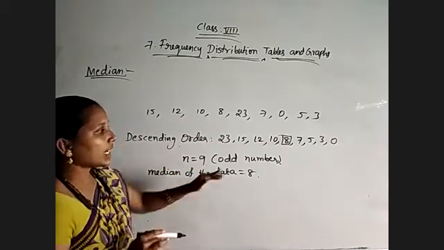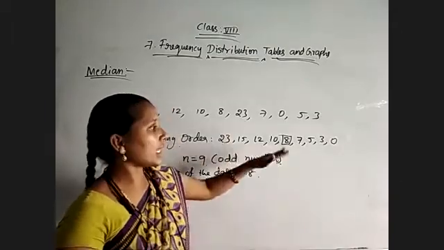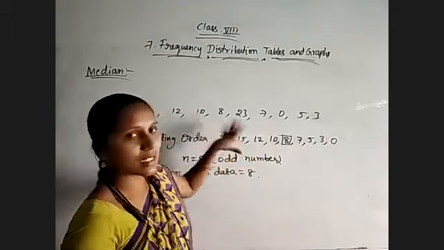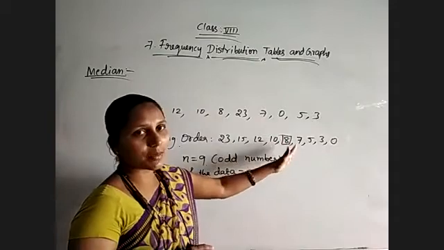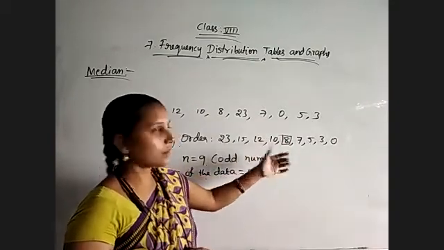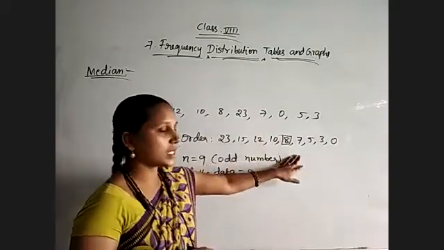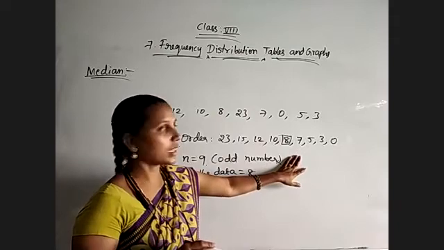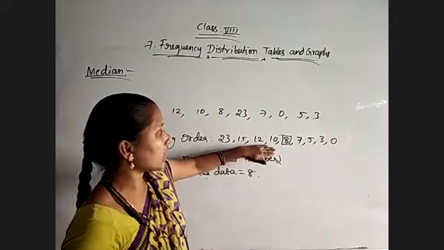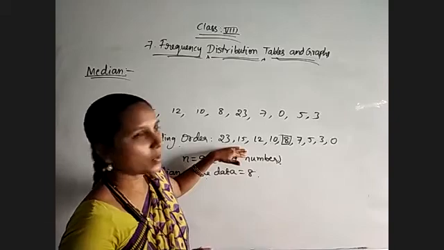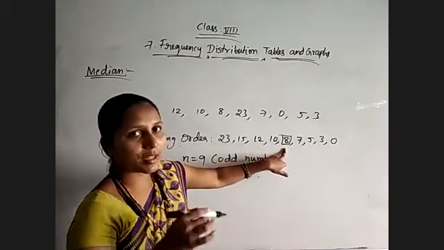Except for the median, if you change anything in the other terms, adding or subtracting, there is no problem. For example, if you increase the values on this side, 8 only we will get as the middle.